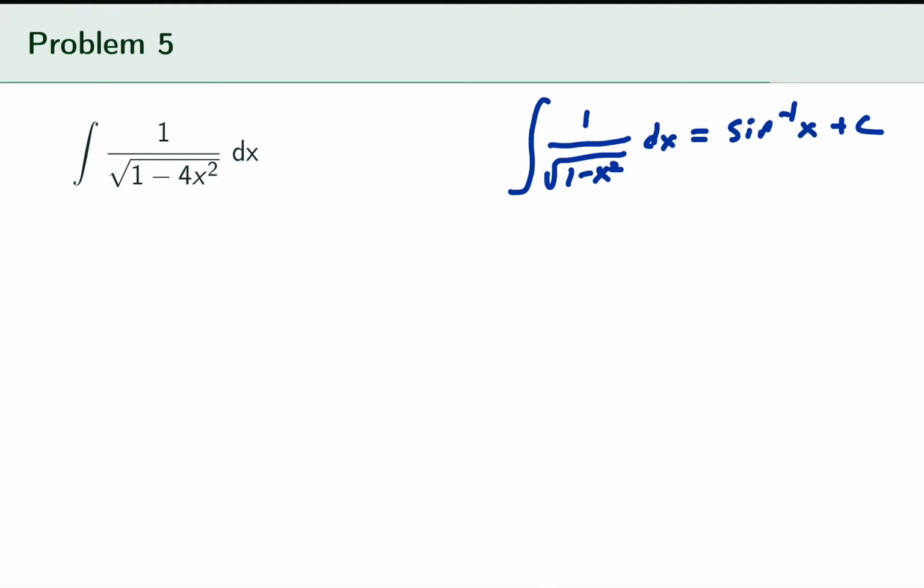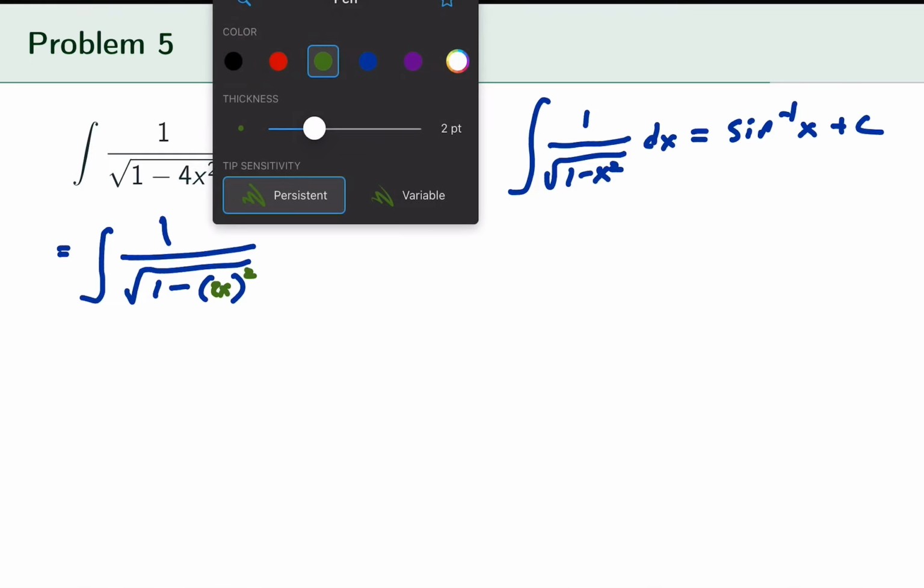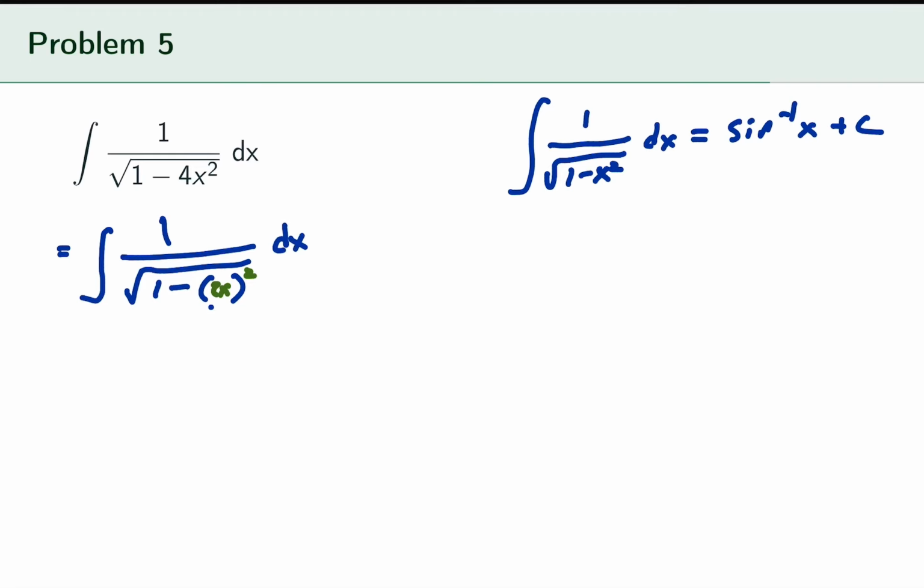So before we take the antiderivative, we have to do little simplification, or rewrite it rather than simplifying. So 1 minus, the way I'm going to write it here, is 2x squared dx. So here we have an argument square, like we have in generic antiderivative, which gives us sine inverse.